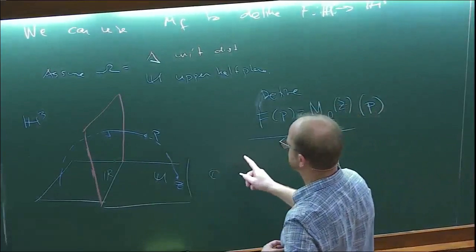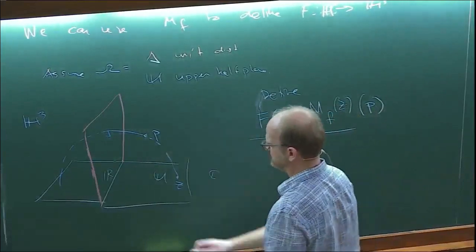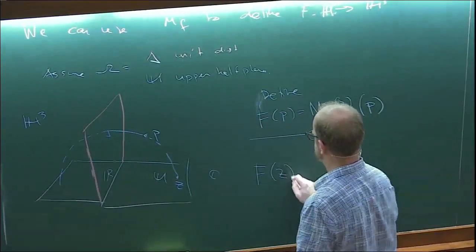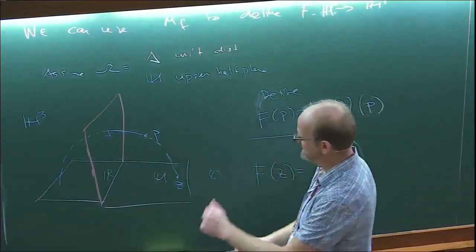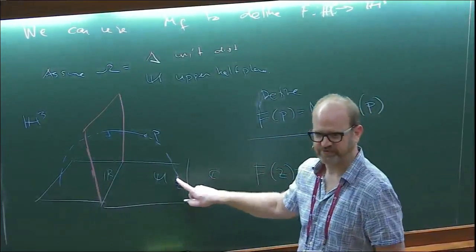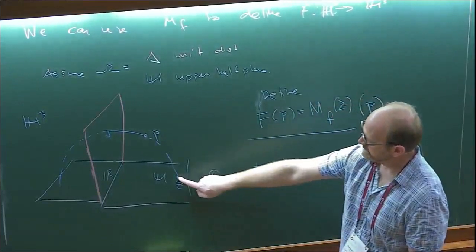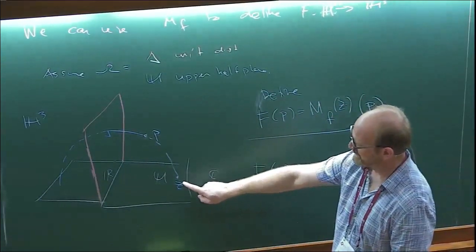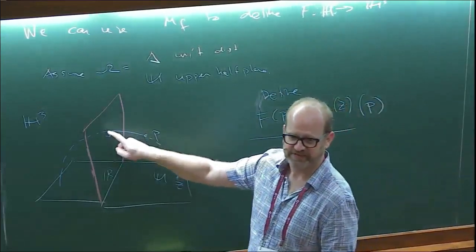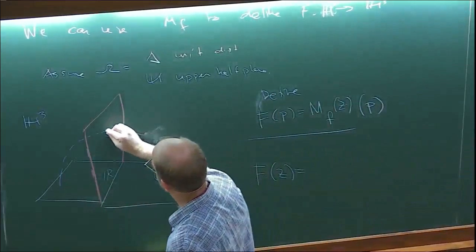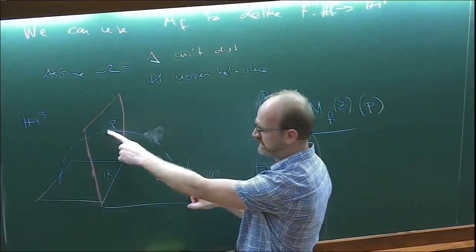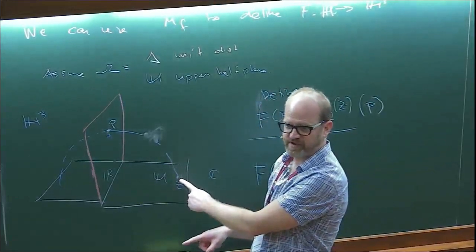So another way I could have done this is, if I take any point z, there is a unique point P on this plane such that the geodesic orthogonal to the plane through P has endpoint z in the upper half plane.